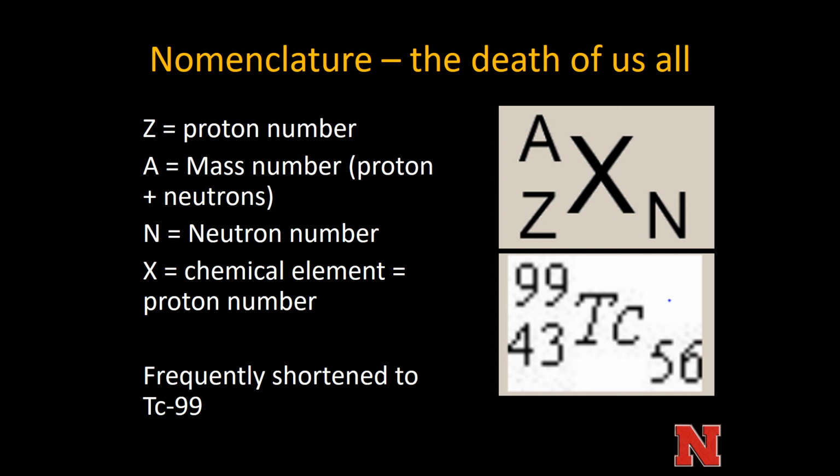Because if you know that it's Tech 99, you know by default how many protons are there, because technetium has 43. And you know by default that, if the atomic mass is 99, it has to have 56 neutrons. So Tech 99 is what we use in shorthand, but really in longhand you can figure out what A, Z, and N are given X material.